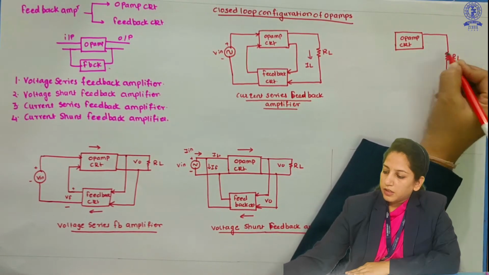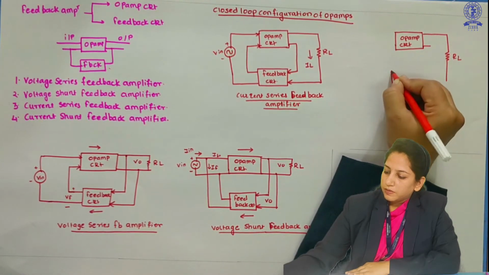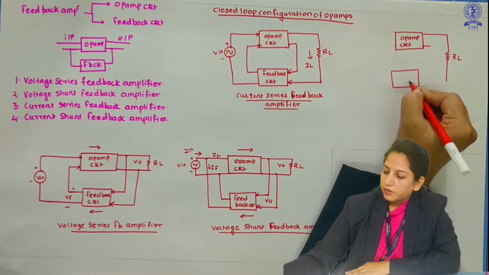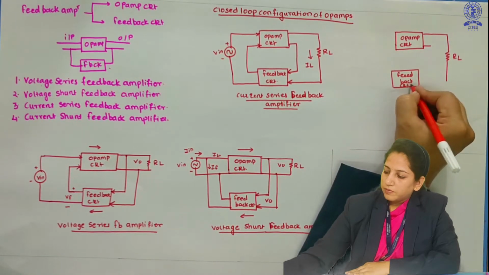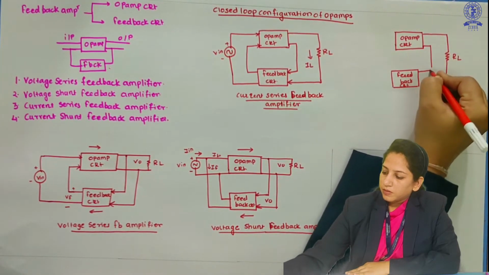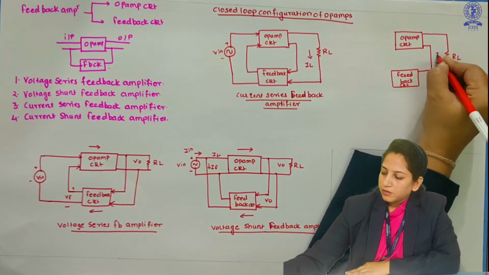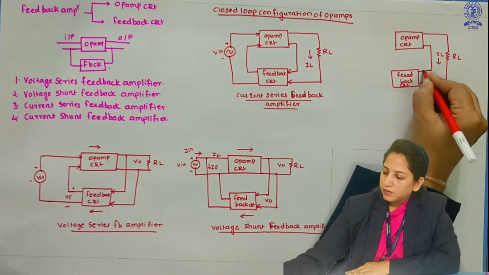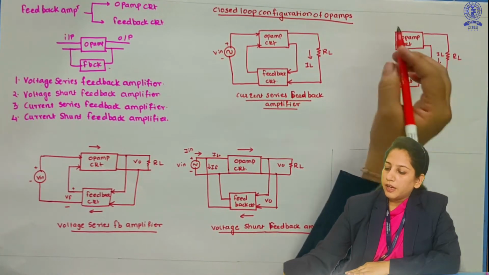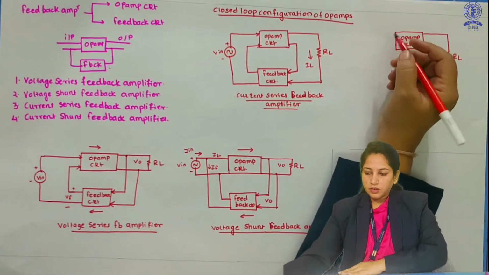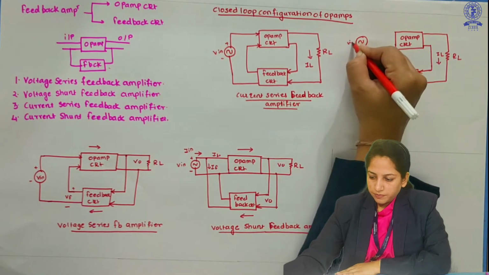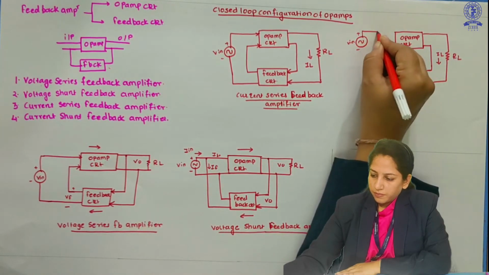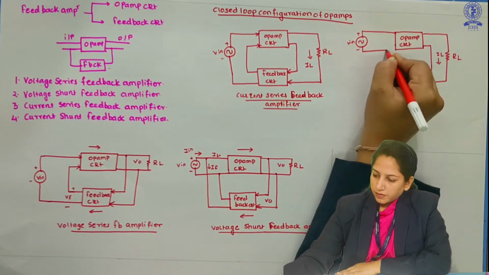So this is a load resistance. This is a feedback circuit. Given here, and now I will connect here V in, current shunt.